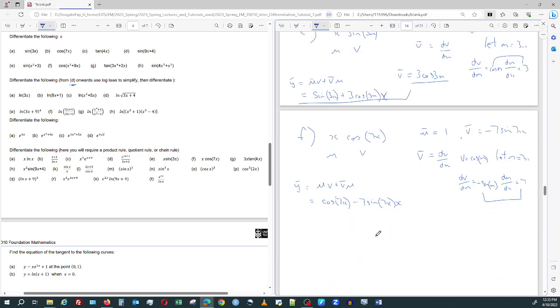You can put the 7, put the x next to the 7 if you want to. Okay, so just the way the terms are arranged is relevant.